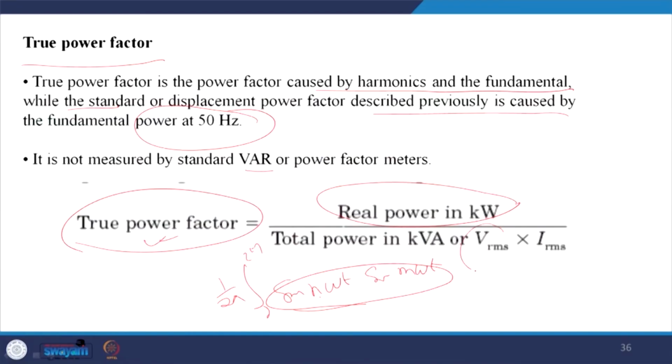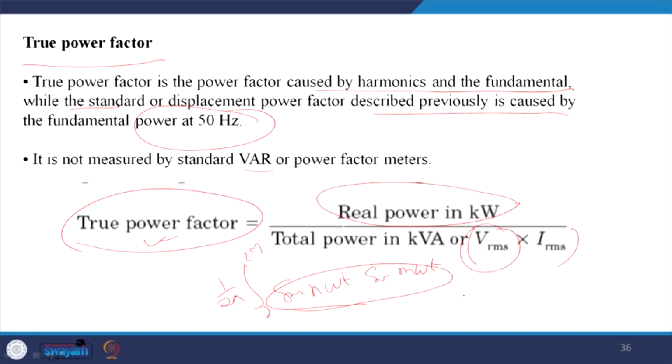So, the total power in kVA is VRMS into IRMS, where IRMS has all the harmonic content.